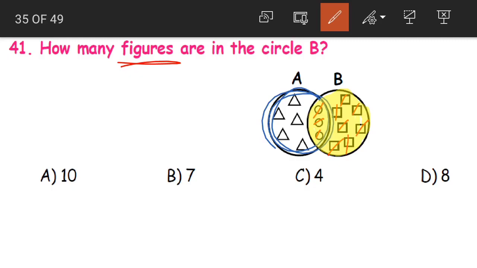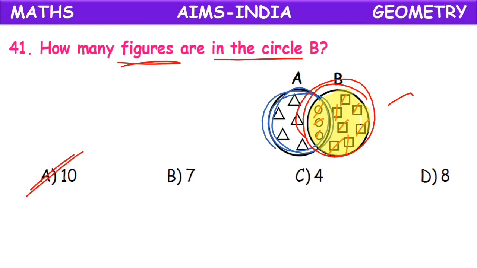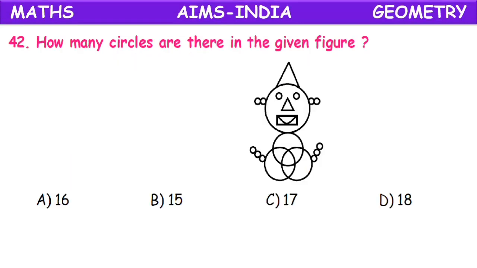We should not count this outer circle, only the figures that are inside. We have 10 figures in the circle B. So option A, 10 becomes our correct answer.